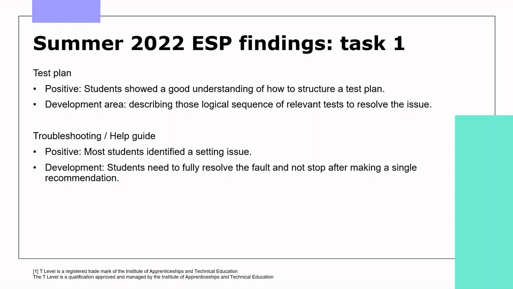And for the help guide or troubleshooting task, the majority of students identified the system setting that was causing the issue. However, in some cases, students didn't fully resolve the problem and stopped working on resolutions after they had made a single suggestion.